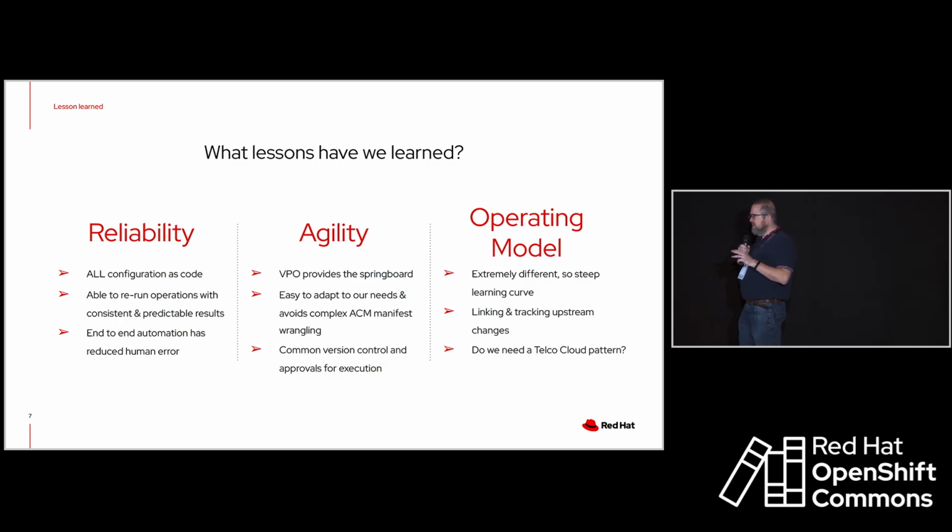So the third column is the things that are difficult about what we've done. I'm not going to say negative things because they're not negative. So one thing is it's very different. People are used to using GUIs, they're used to using spreadsheets, and moving from that to managing everything in YAML with Git and Argo CD pipelines has been a challenge, and it's a steep learning curve for everybody, engineering teams, operations teams, architects, and so the consulting team with Red Hat have been very useful and helpful in helping us to achieve that.